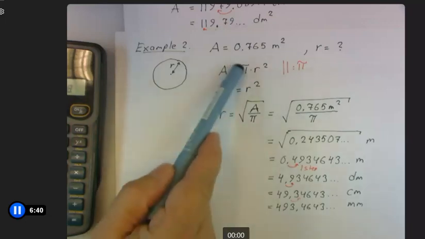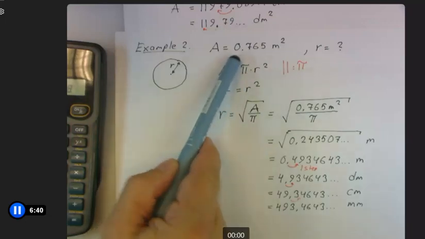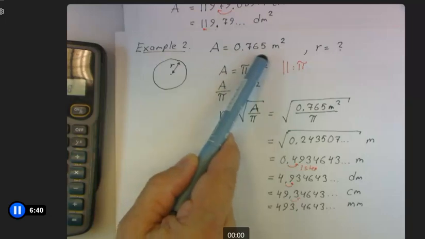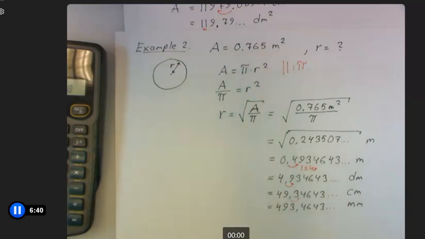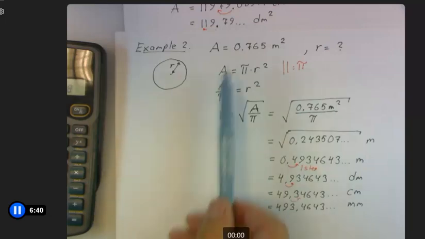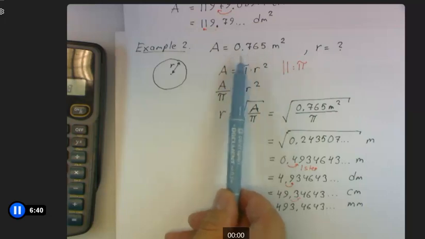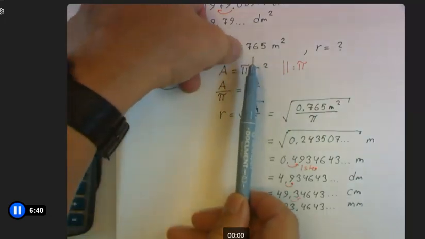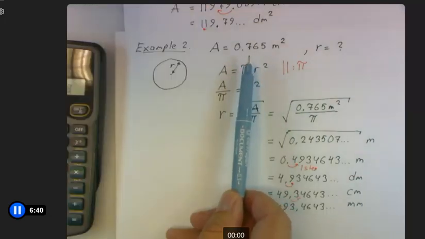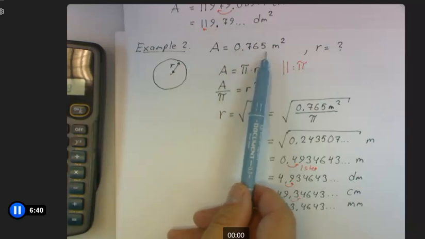If the value of area is given as 0.765, actually not 3 decimal places, but we have here 3 numbers accuracy. This first 0 is not a significant number, only 7, 6 and 5 are. So there are 3 numbers here.